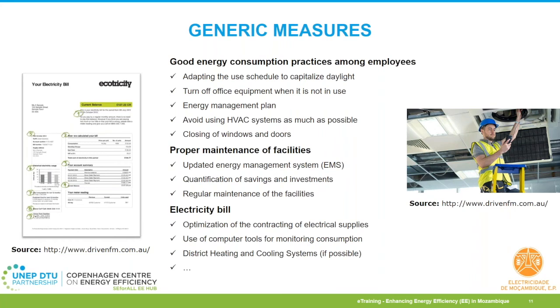The knowledge and management of the electricity bill is also a key component of this section, such as the optimization of the contracting of electrical supplies, making sure that the energy tariff is the most suitable for the building, the use of computer tools for monitoring consumption, and also, if possible, making use of district heating and cooling systems.